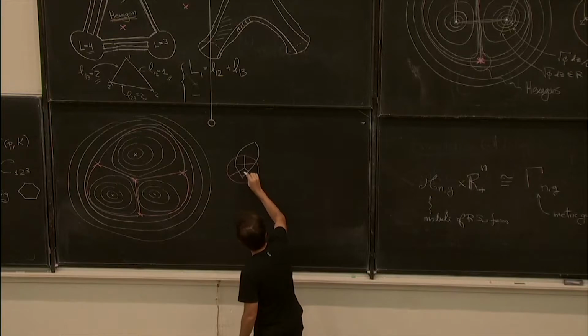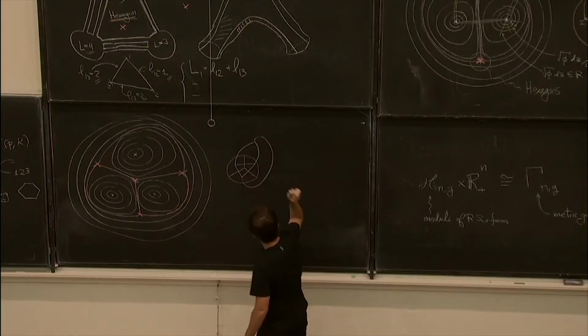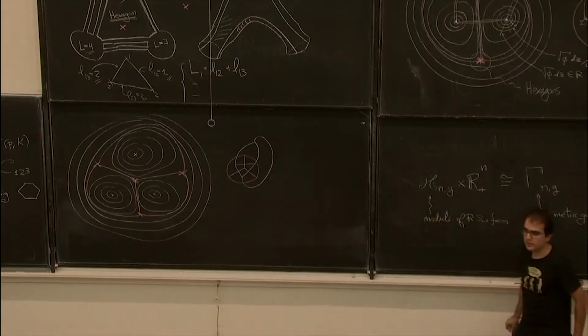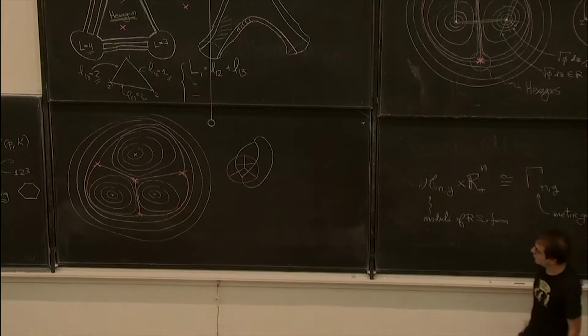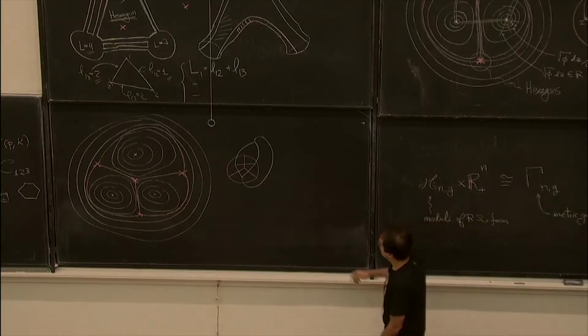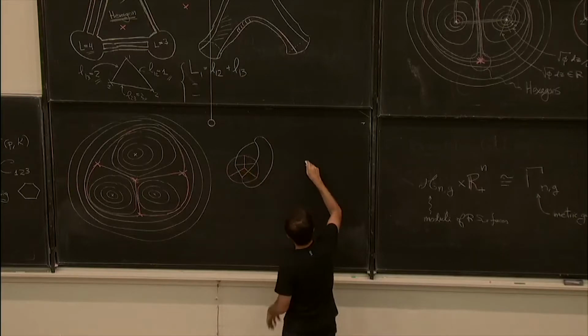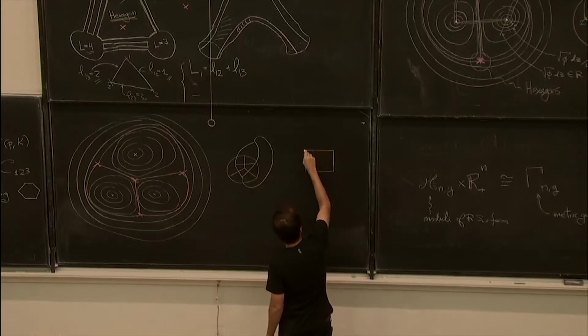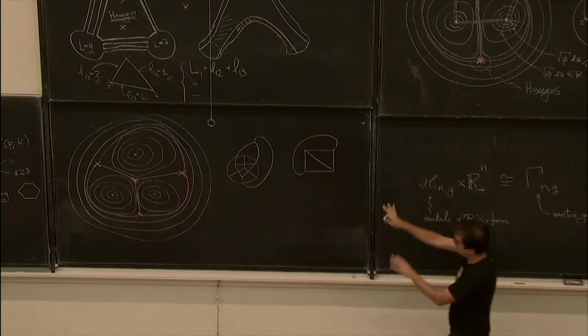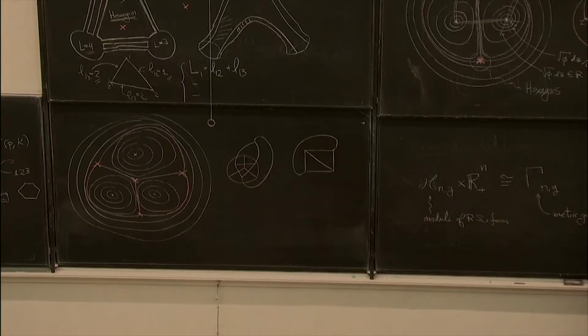Yeah, there is one line missing. Sorry, yeah. Thank you. Yeah, in the white one. And this would be the dual white graph. It might not be obvious. Let me massage it a little bit. It's the same as this graph. If you connect the points, it's just this. But here I just shifted the vertices a bit.